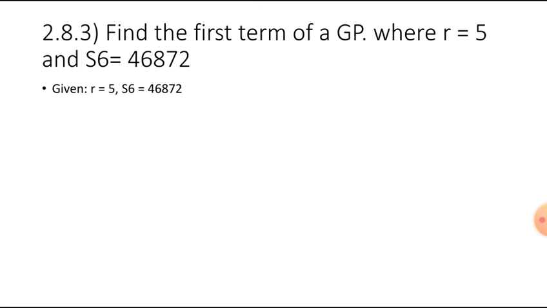To find the value of a, we can use the formula for S of n, since we have S6 here. The formula for S of n we know, that is a into r power n minus 1 divided by r minus 1, and here the value of n is 6, since they gave S of 6.